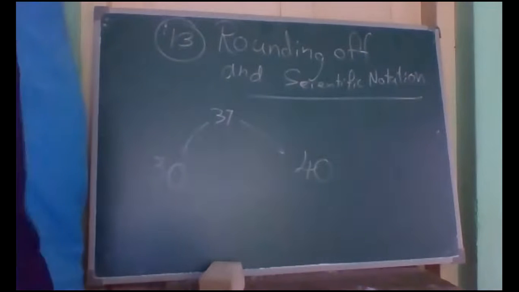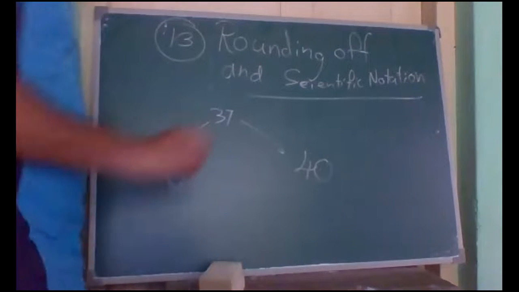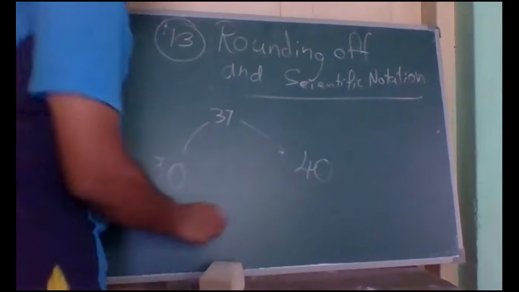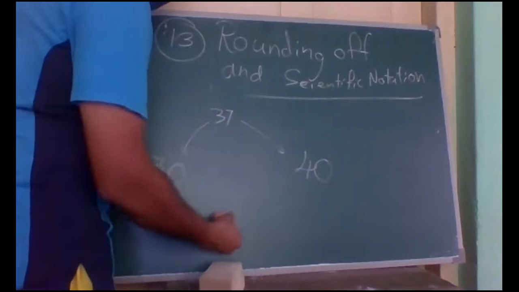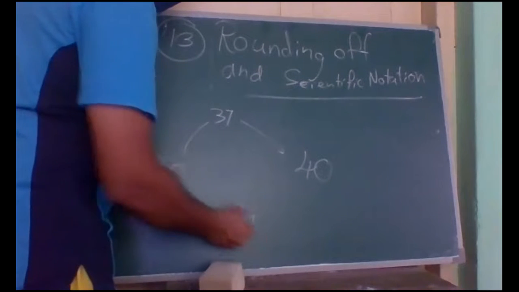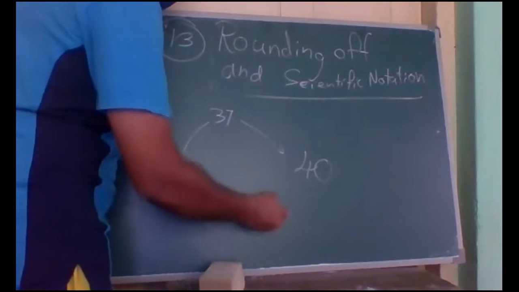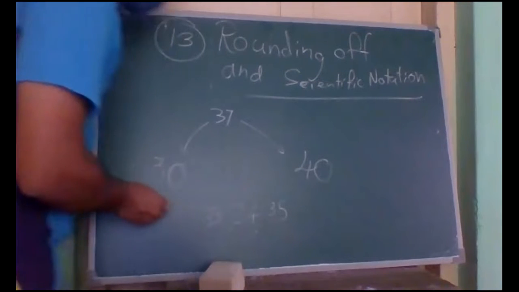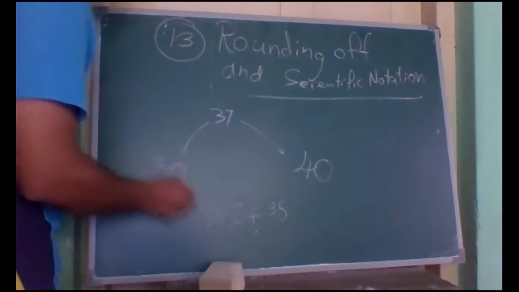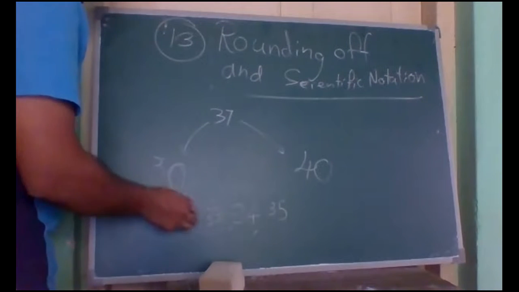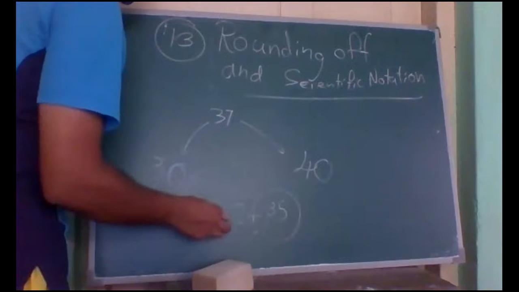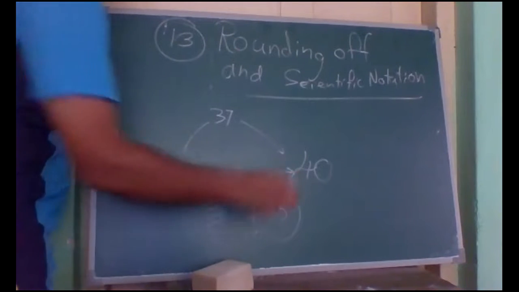Today we are not discussing the rounding off part. Today we are discussing the scientific notation part, right? Do you remember the margin? 33, 34, 35. What is the margin? That means belonging to 30. 33 belongs to 40 or 30? 30. 34, 30. 35 is going to 40, the back side.